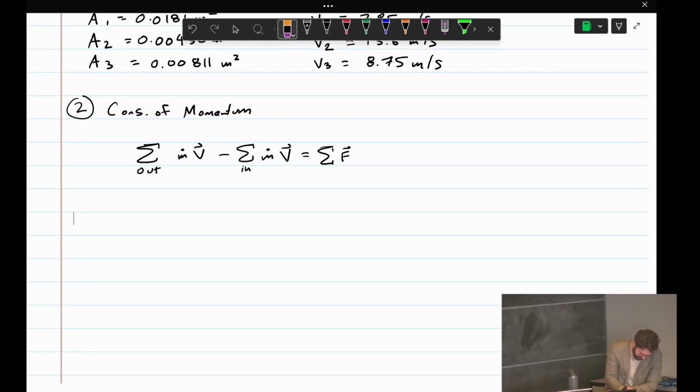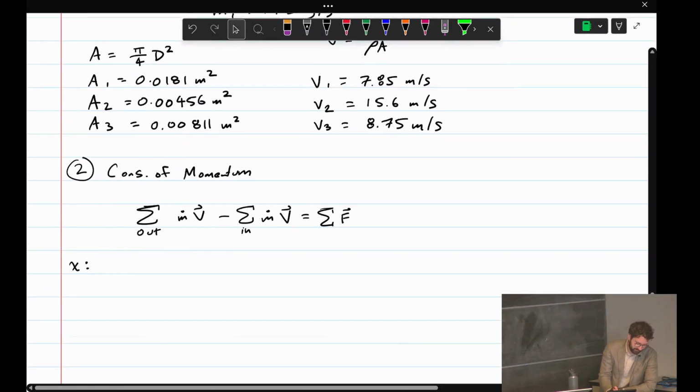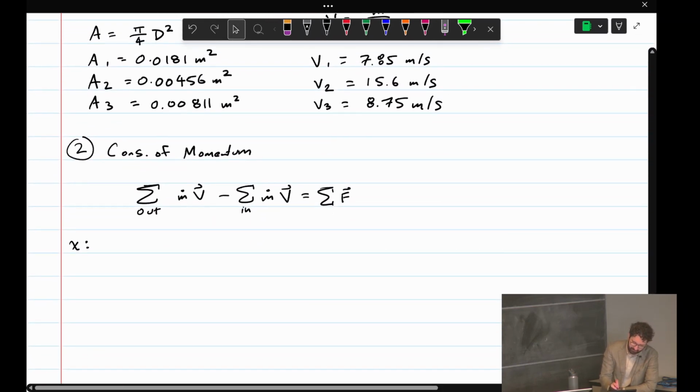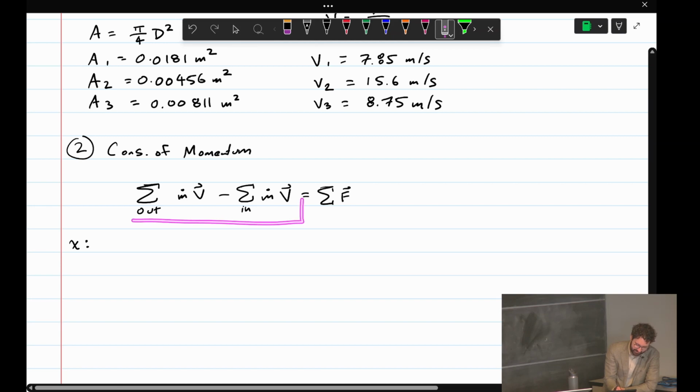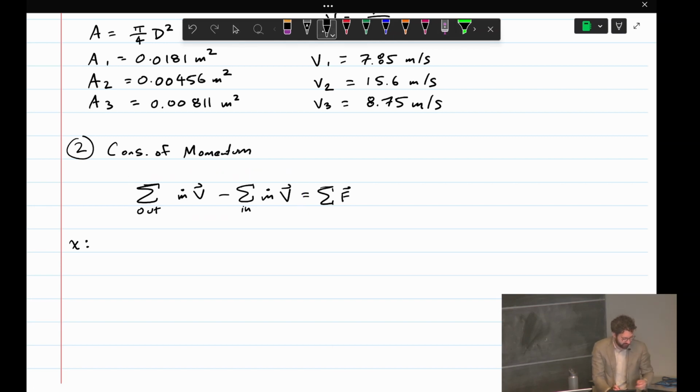Okay, so for the x direction, how about this? Just do the left-hand side. Take 30 seconds and do it on your own, and then let's see if we match after. You can always erase it and then write down what I'm going to write down. Just try it on your own because this is really a practice-based part of the course. So just take a stab at it, and then I'll do it.